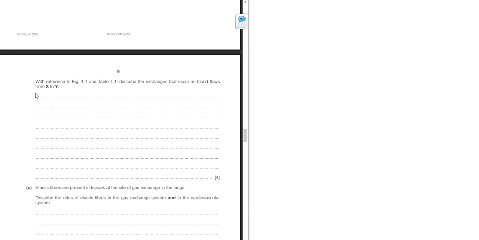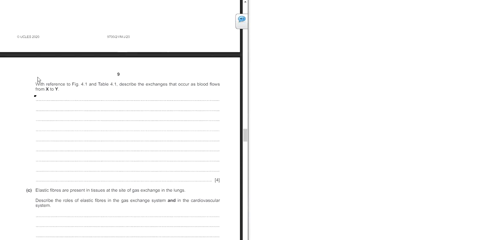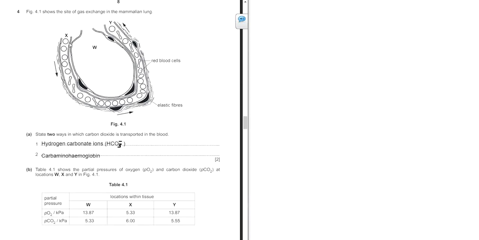As we already mentioned, position X is the blood before gas exchange, position Y is the blood after gas exchange.